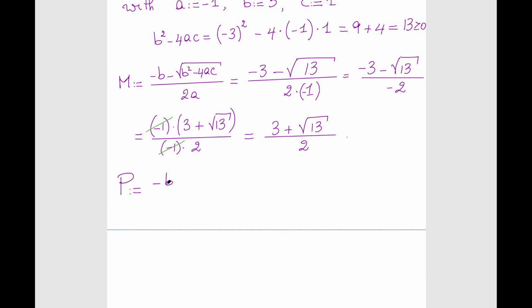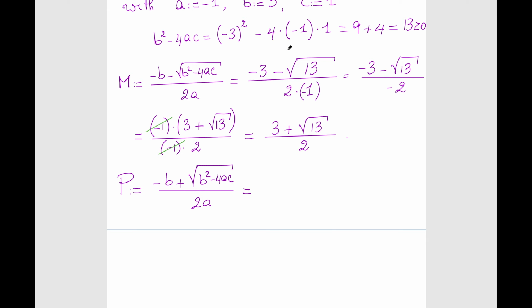P is -b plus square root of b squared minus 4ac divided by 2a. This is for any context. In this context, b is 3 and b squared minus 4ac is 13.